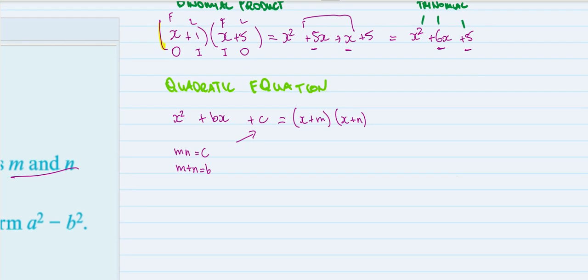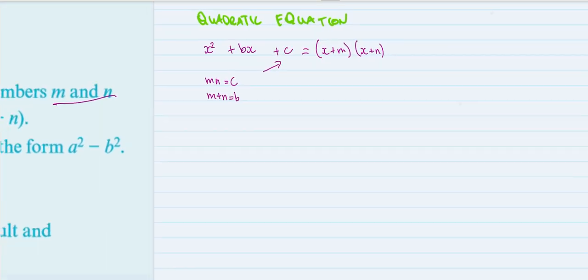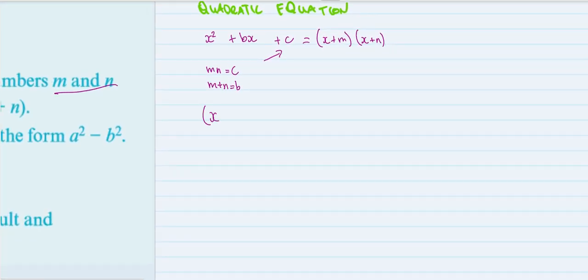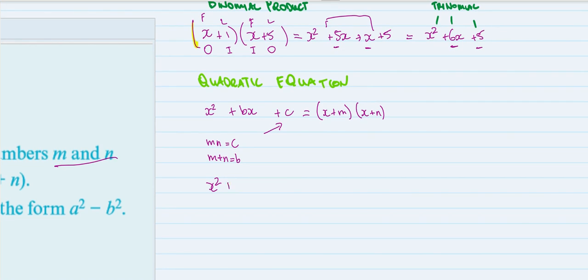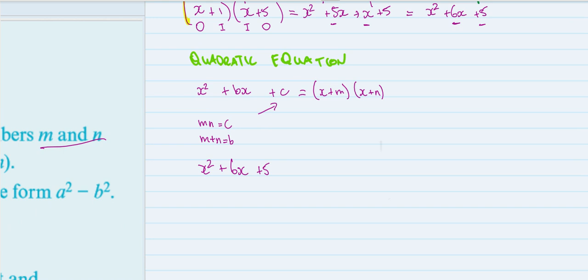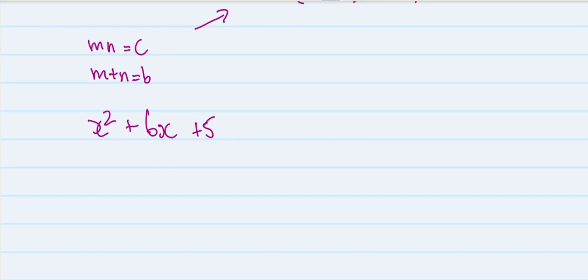So let's try and factorise this quadratic now. It goes a bit like this. In this case, I just want x squared plus 6x plus 5. Now I'm going to set up my brackets like this. Now the first term is x squared, so I put x in the first part of my brackets.